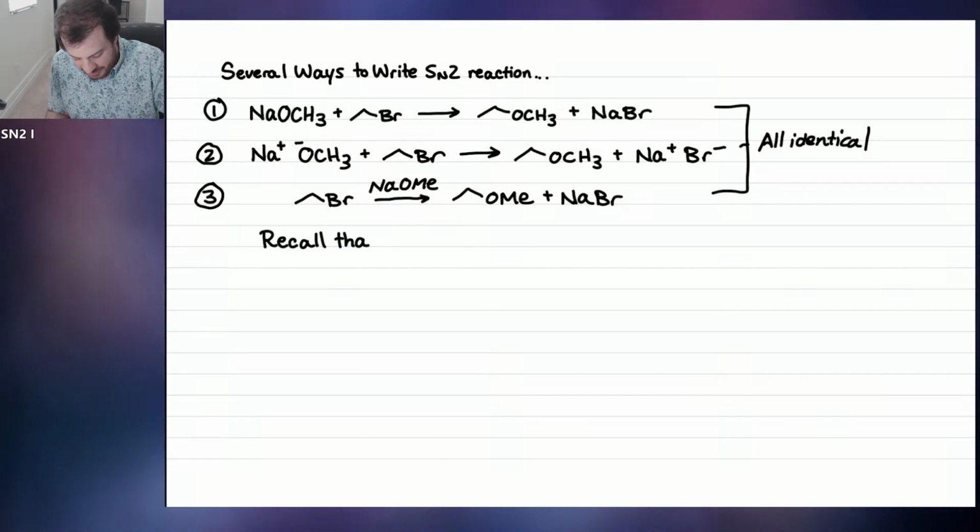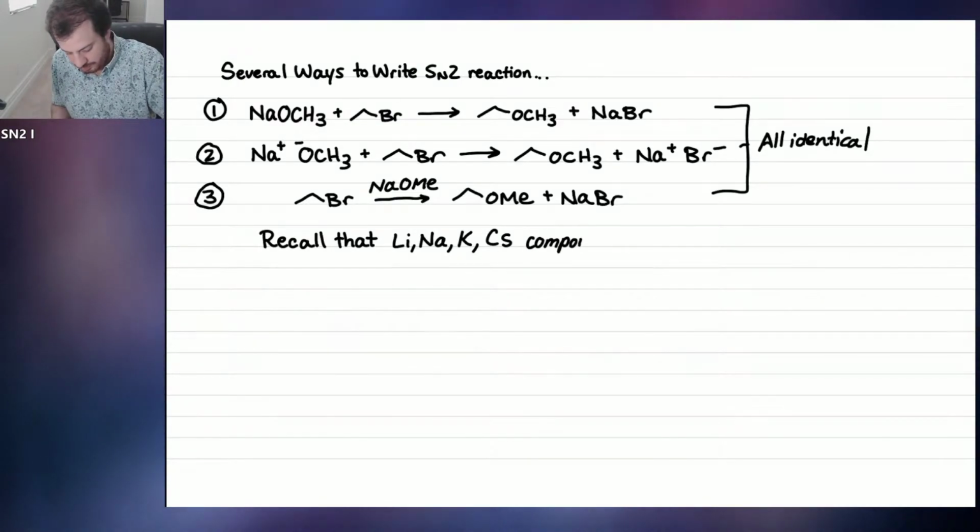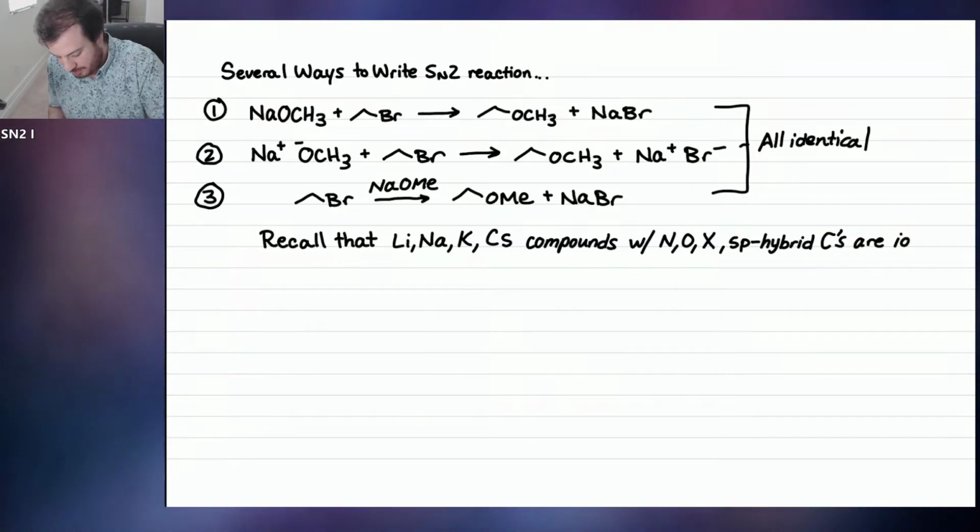So recall this: lithium, sodium, potassium, and cesium compounds with nitrogen, oxygen, halogen, which is oftentimes abbreviated X, and sp hybridized carbons are ionic, which is why you sometimes see the plus and the minus.